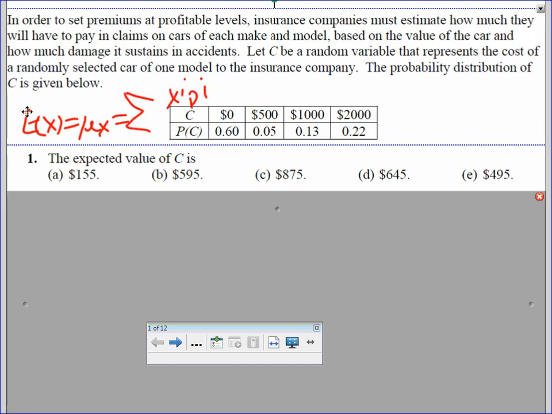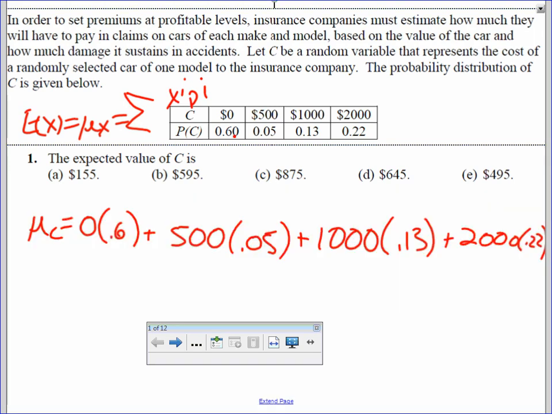So all we're going to do is go 0 times 0.6 plus 500 times 0.05 plus 1,000 times 0.3 plus 2,000 times 0.2. And so if we do that, we get the expected value of C is 595. The correct answer is B.